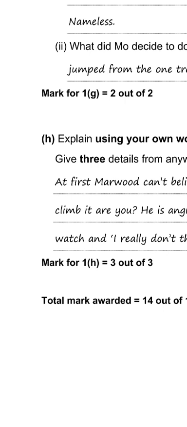Give three details. The first part, explain using your own words, is a question that requires implicit understanding. That means you will write three different feelings with three different adjectives in your own words, right? Then you will provide one piece of evidence for each feeling.